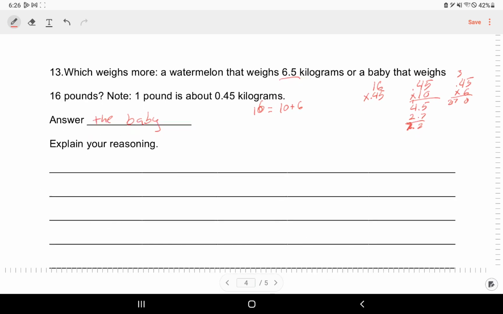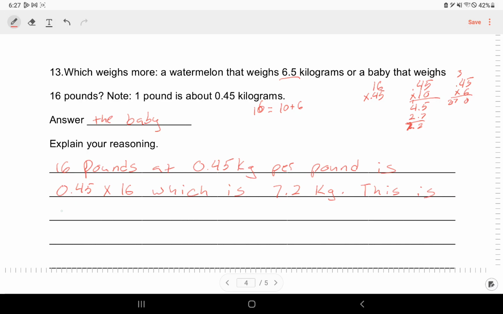Explain your reasoning. 16 pounds at 0.45 kg per pound is 0.45 times 16, which is 7.2 kg.